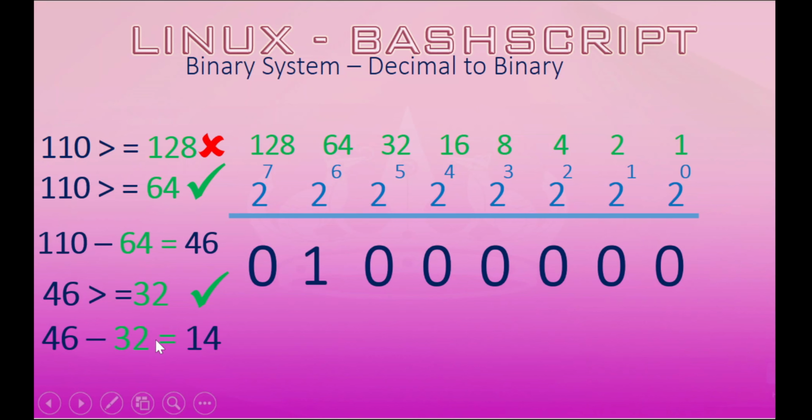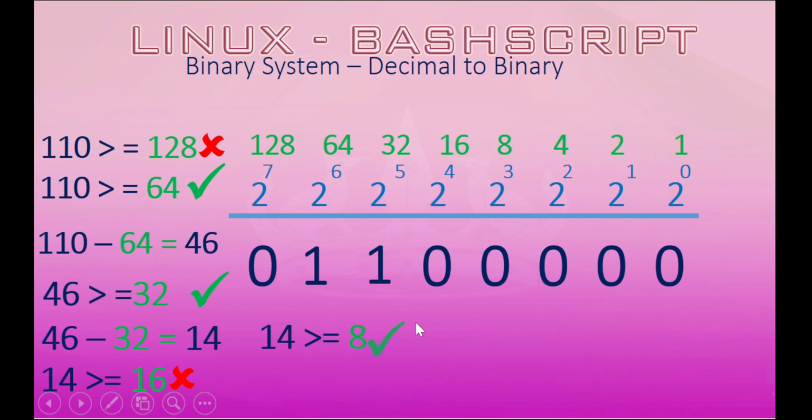Alright, so 46 minus 32, you get 14. We flipped the bit under the weight, which is 32. Then as for 14, number 14 is less than 16, so here you leave it at 0. We cannot subtract them. Alright, then 14 is greater than or equal to 8, so we can take 8 out of 14.